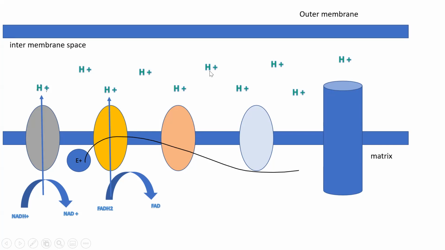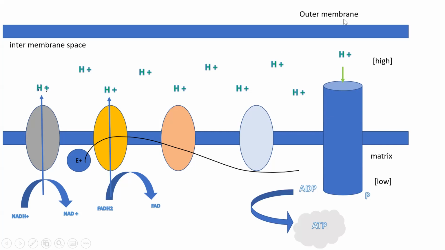Now, with all of the protons up in this intermembrane space, we then have a high concentration, and we're going to filter it through this ATP synthase to a low concentration. So these protons get pumped through ATP synthase, where at the end we have ADP and a phosphate group ready to bond to make ATP.